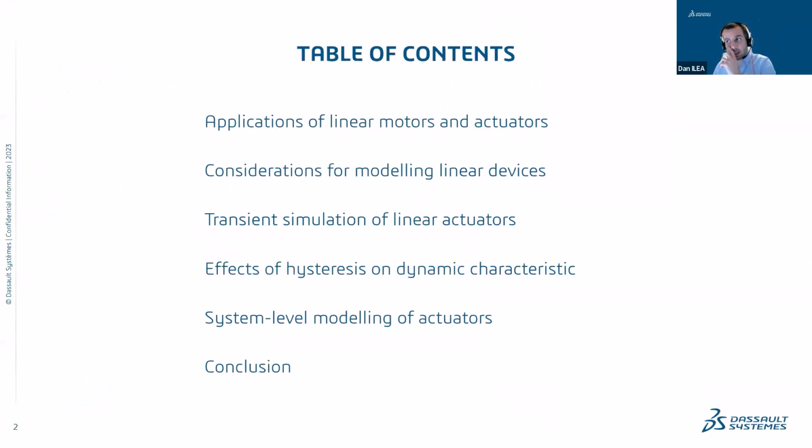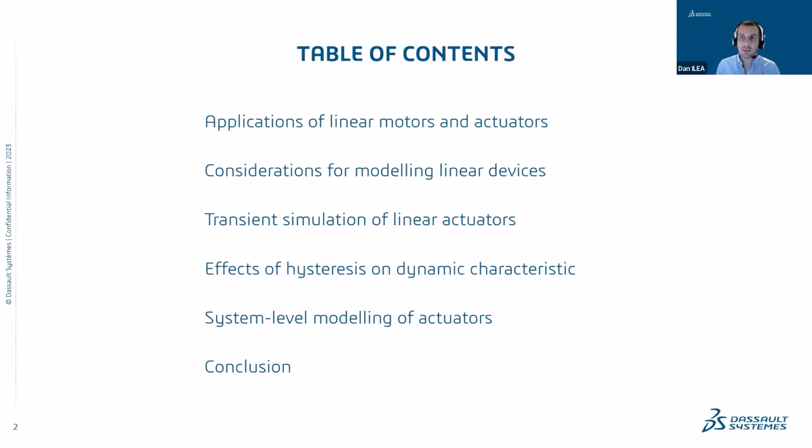So the outline: I'll briefly touch on the applications where we use linear motors and actuators, talk a bit about some considerations, what we need to take into account when modeling actuators, and then I'll go through an example.